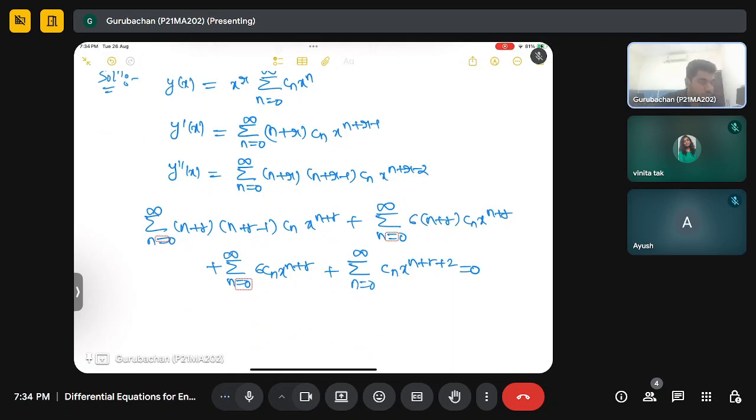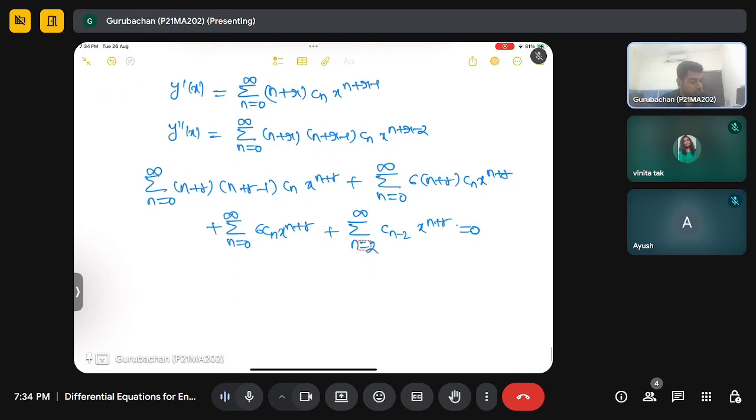So to get n plus r, you will substitute n minus 2, and you will get the series starting from n equal to 2 to infinity, x to the power n plus r. So all the powers have become the same, but the series is starting from n equal to 2. So you have to combine these terms, and for that you explicitly write n equal to 0 and n equal to 1.